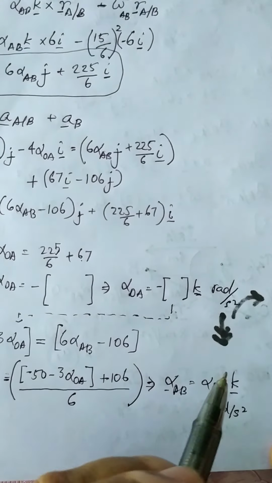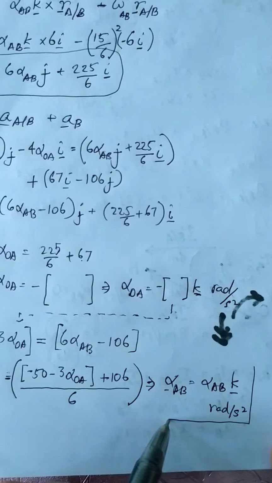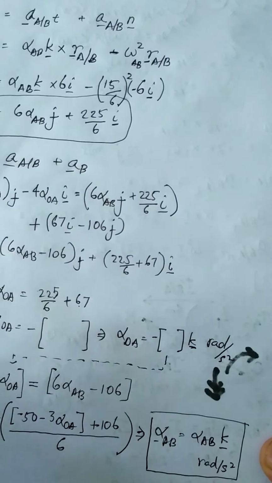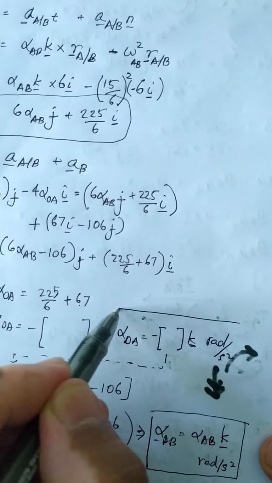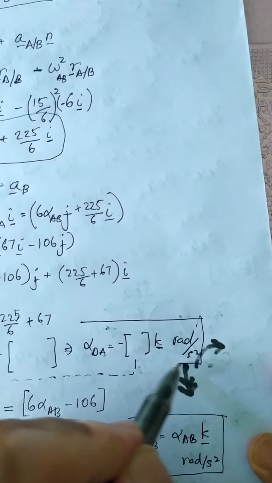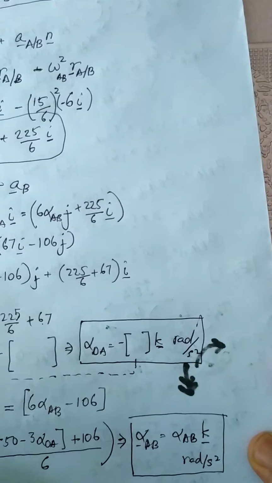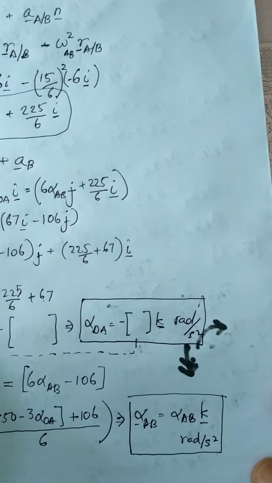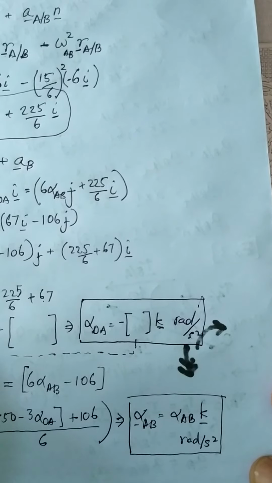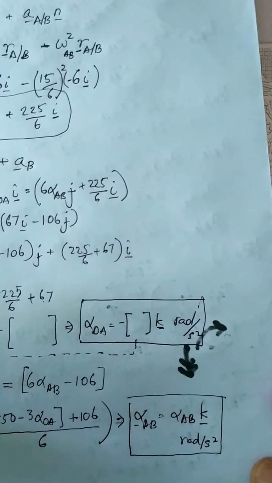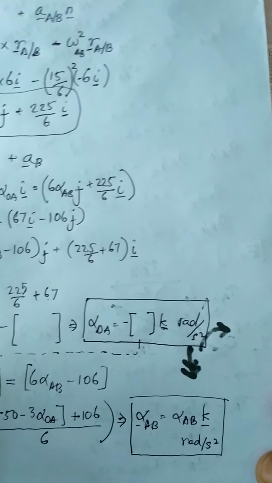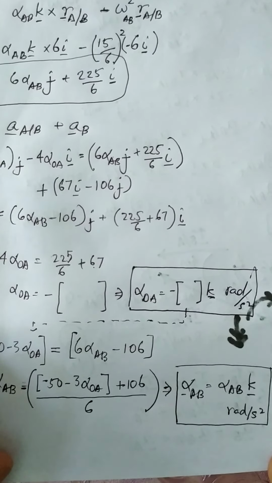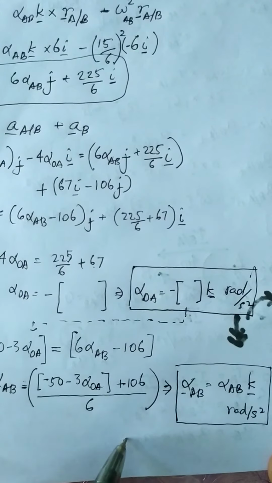I will just stop there for you to do some thinking. So we have solved for alpha OA and alpha AB, and from there you can find the acceleration of all other points. It is quite straightforward from there. So I'll stop there for the acceleration.